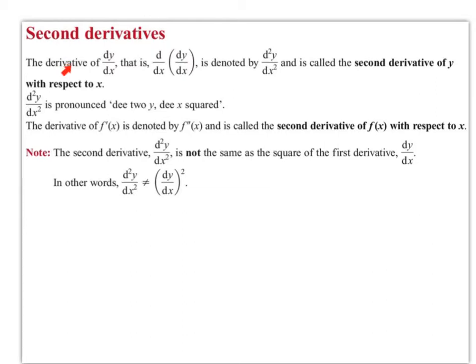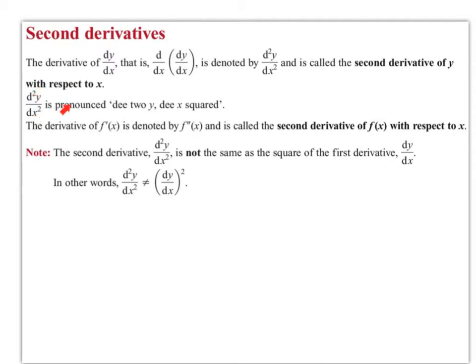So the derivative of dy dx, so the derivative of the derivative, that is d dx of dy dx, is denoted by d2y dx squared, and is called the second derivative of y with respect to x.